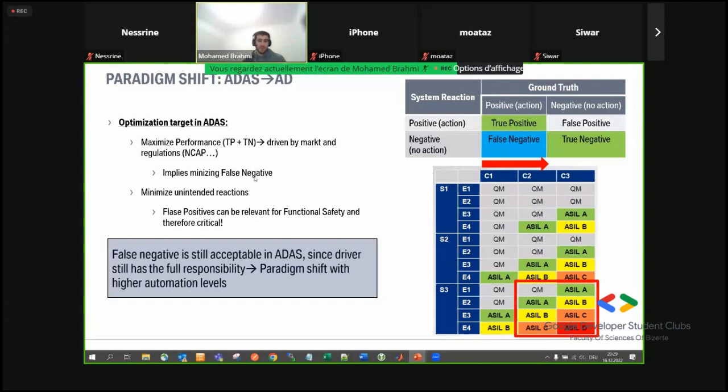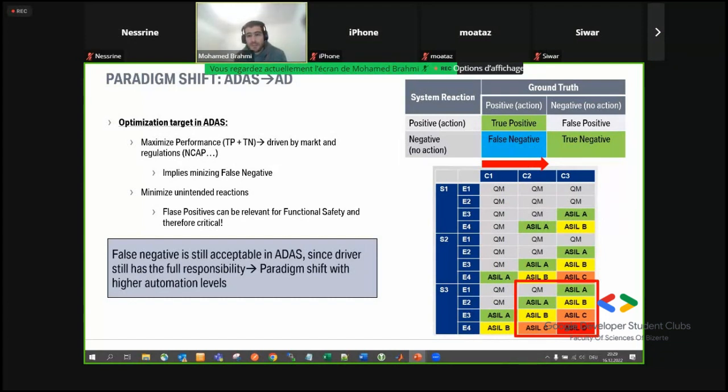And how is the performance measured? The performance is measured in terms of KPIs. These KPIs are described here, for those of you who did some classification with machine learning, they probably know about these KPIs.